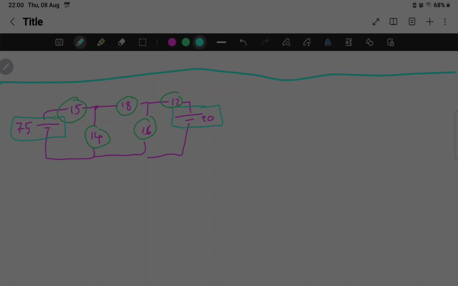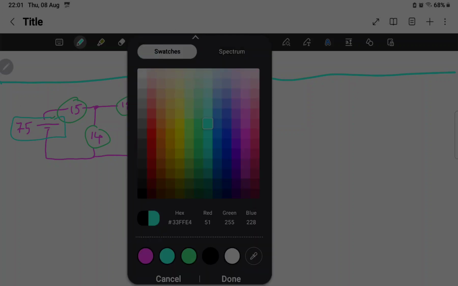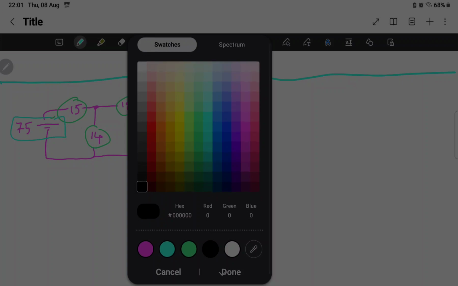So now we're going to use Kirchhoff's law to find currents I1, I2 and I3. So over here we have, let's change this color to black. Done.